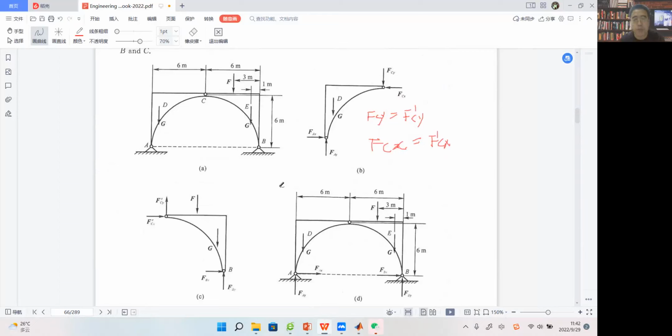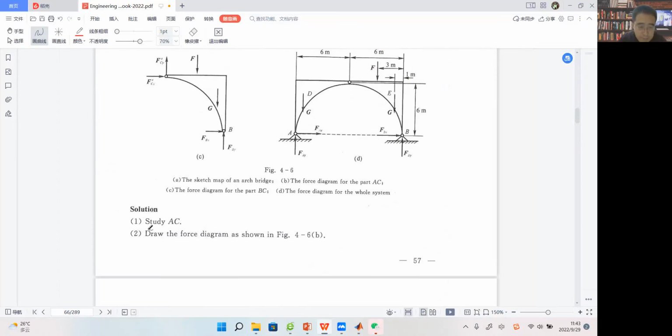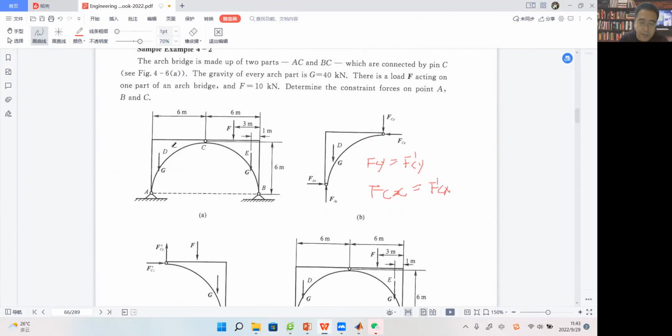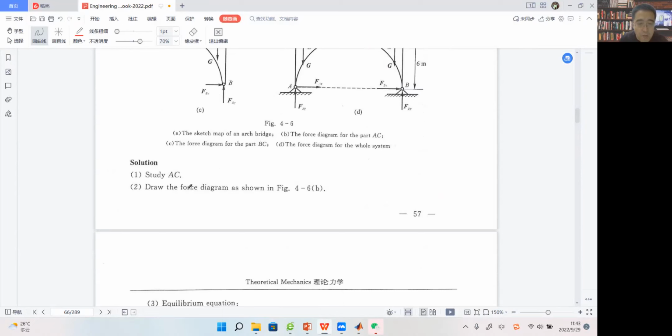You guys should know that. So maybe we can find, first step, we study AC. That means we select AC to be studied. Then we draw the force diagram. We call that FBD, right? FBD.